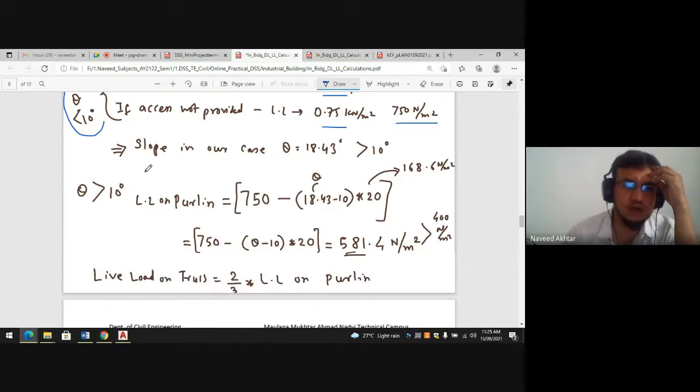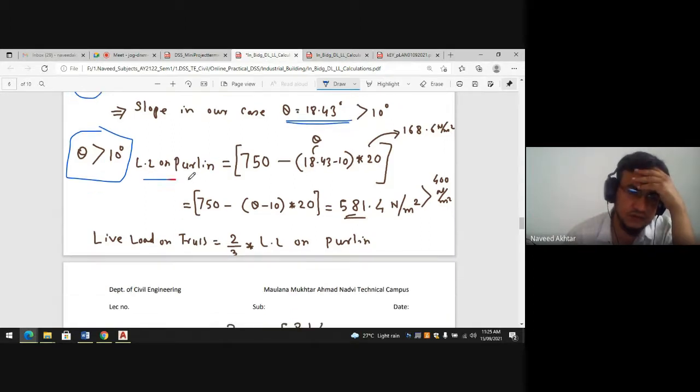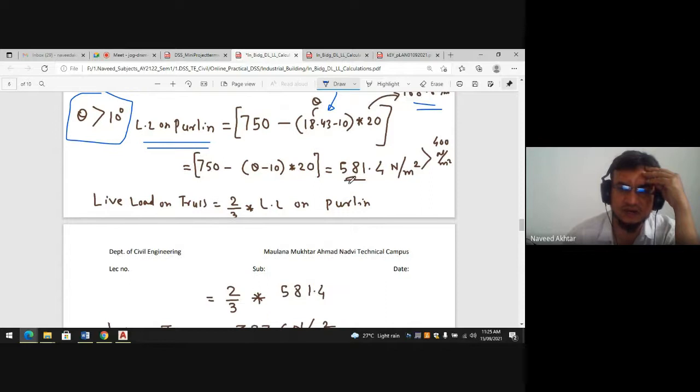If the slope is greater than 10 degrees, and in our case the slope is 18.43 degrees, then we have to find the live load on the purlin, that is 750 minus (theta minus 10), with theta 18 minus 10, and we get 580.4 Newton per meter square. It is greater than 400 Newton per meter square, which is the check given in the IS code.